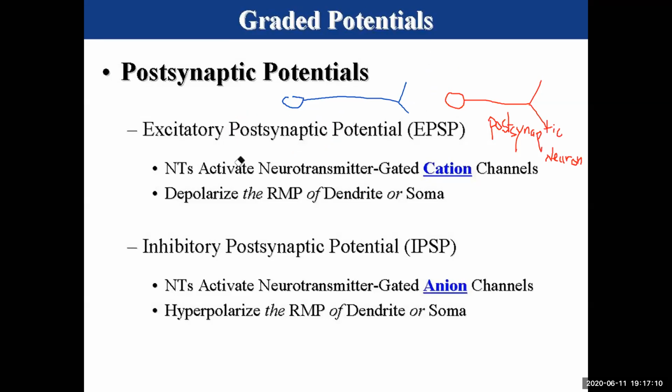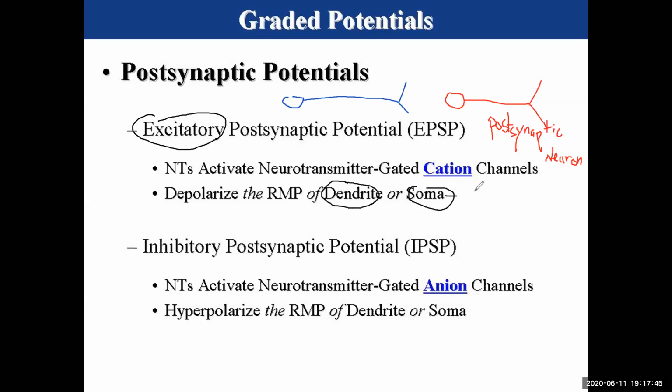Now, when we say excitatory, there are neurotransmitter channels on the postsynaptic neuron here that would depolarize the resting membrane potential, right? So either the dendrite or the soma.